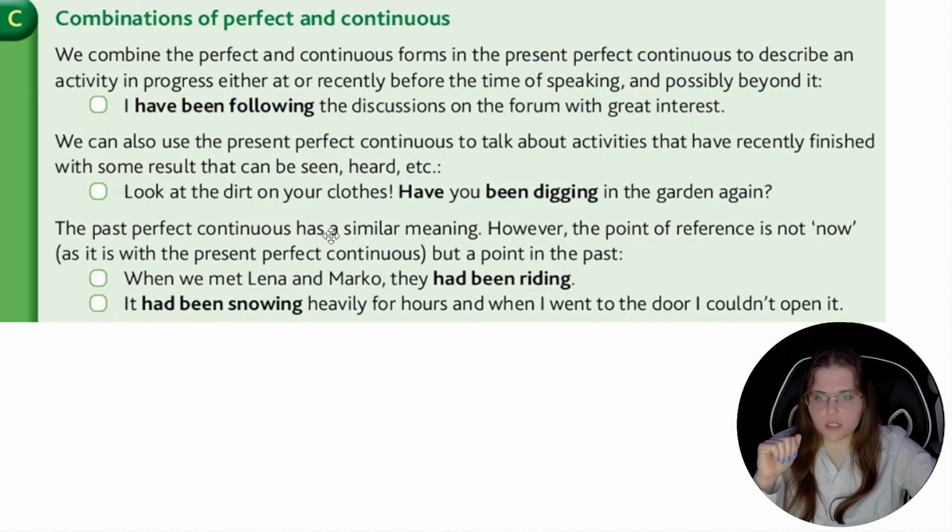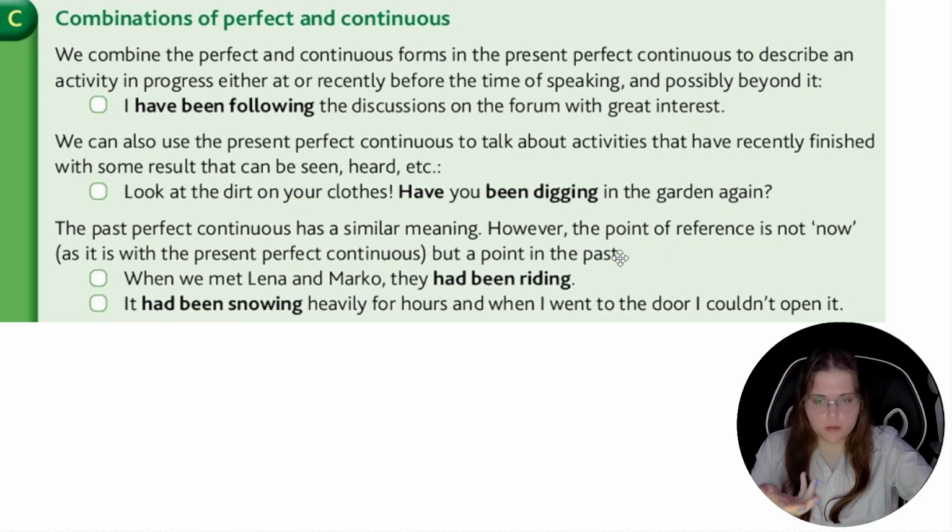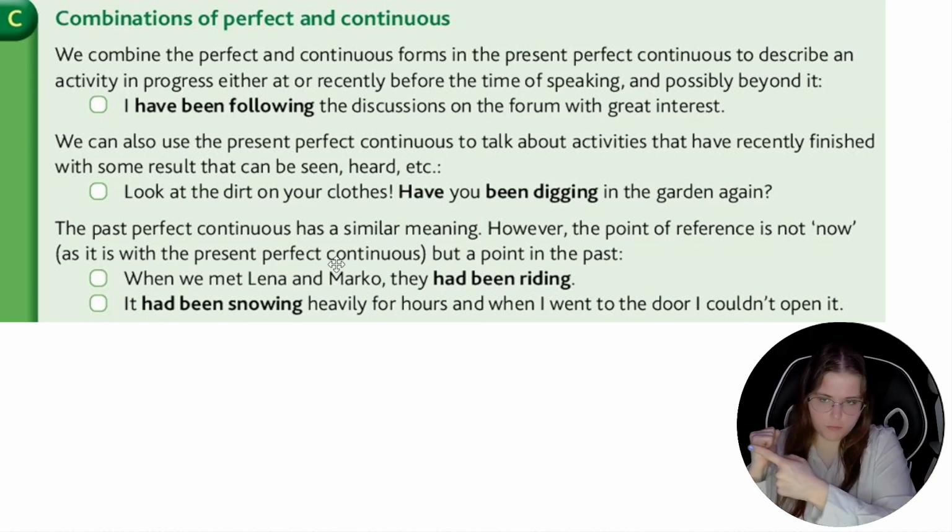The past perfect continuous has a similar meaning, however the point of reference is not now, as it is with the present perfect continuous, but a point in the past. When we met, point in the past, Lena and Marco, they had been riding at this particular point of time in the past, and they had been doing it for some time.